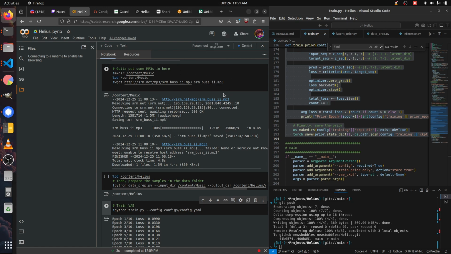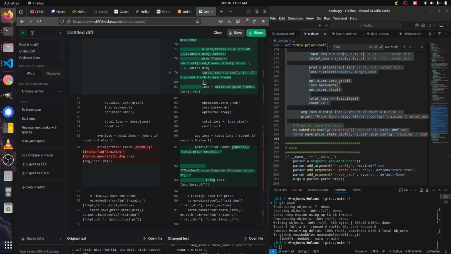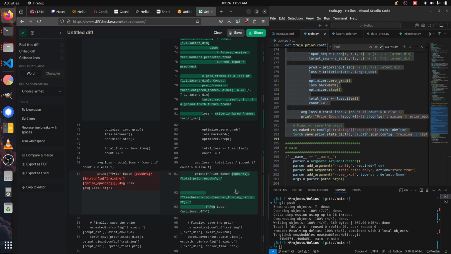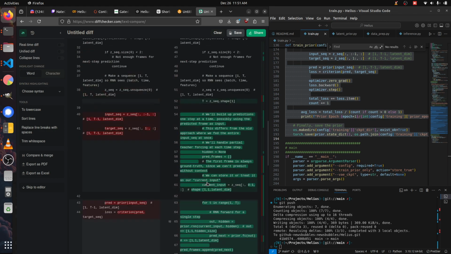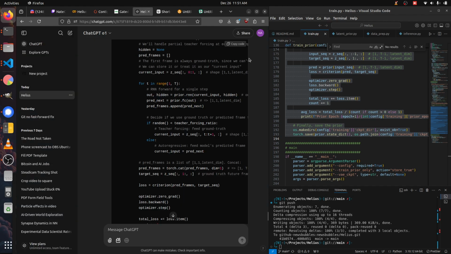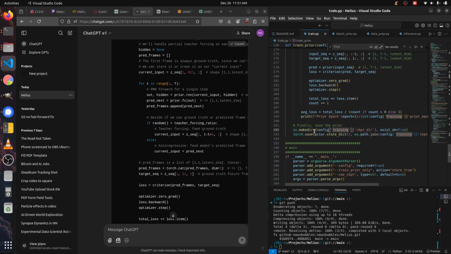I'd rather just point to something instead of hooking up my Google Drive. So, okay, this all looks good. Epoch plus one, total prior epochs. Okay, because it just uses total. So it's actually made its code more efficient in this case, which is nice, among other things.